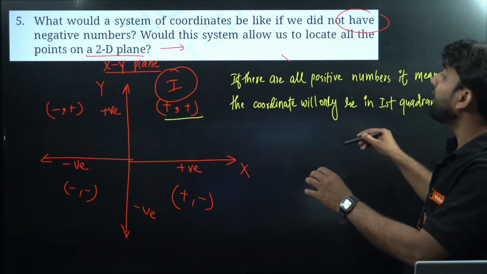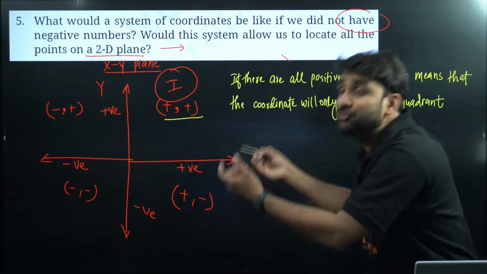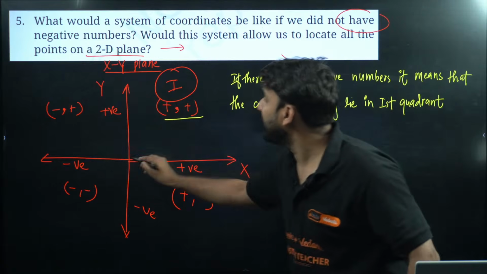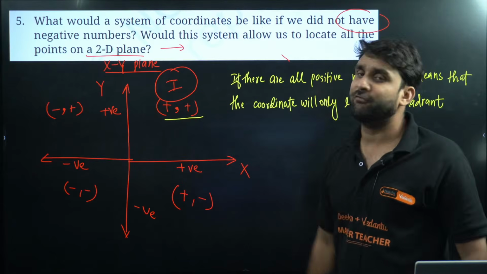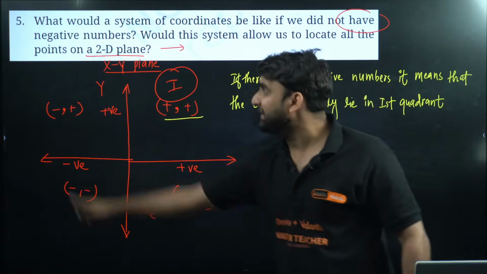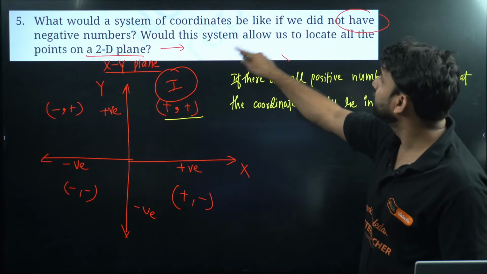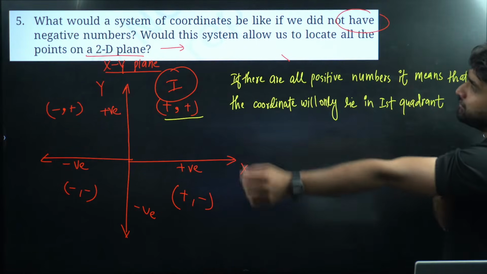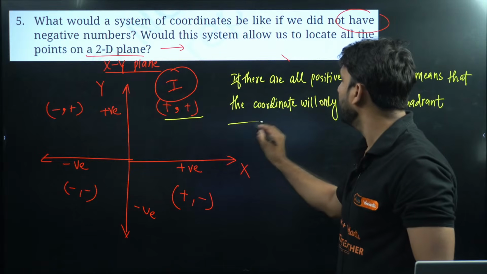So the point will only lie in first quadrant, and this is not the part of 2D plane. For 2D plane, this is the entire surface. So would this system allow us to locate all the points on 2D plane? No, not at all.